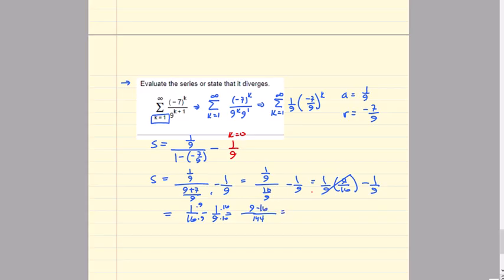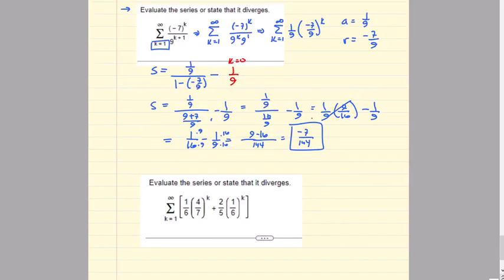Final step would be to subtract in the numerator. So 9 minus 16 is negative 7 over 144. So this sum from 1 to infinity is negative. That's going to end up happening because this negative is part of my ratio. So the sums don't always have to be positive.